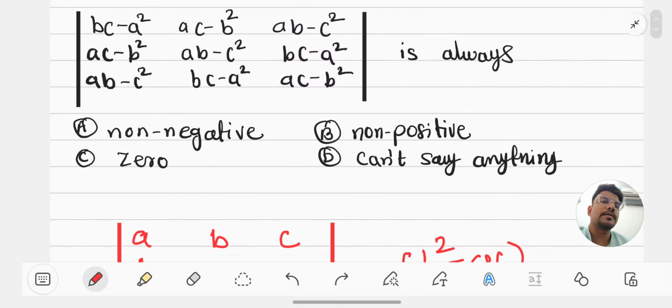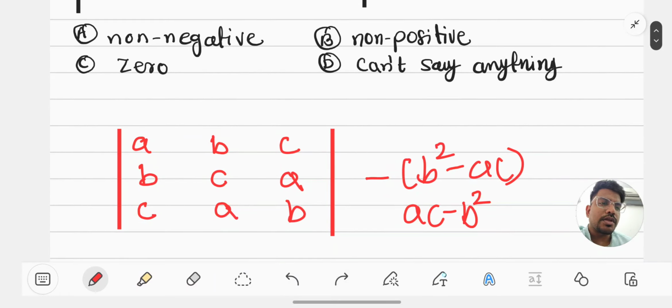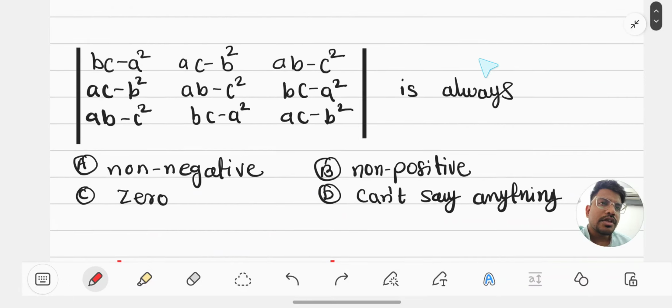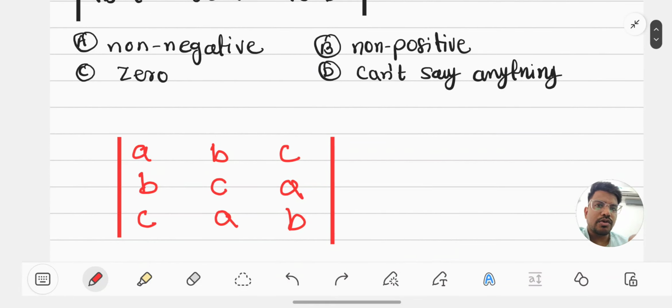Yes, we do see that. Now about the third, it is AB minus C square. Let's check out whether it also got adjusted or not. For the third element, it is AB minus C square. Is it there? AB minus C square. And all the elements have their corresponding cofactors placed at the correct positions.